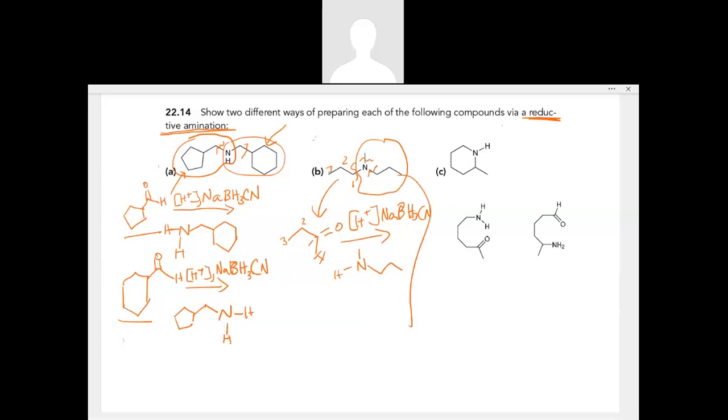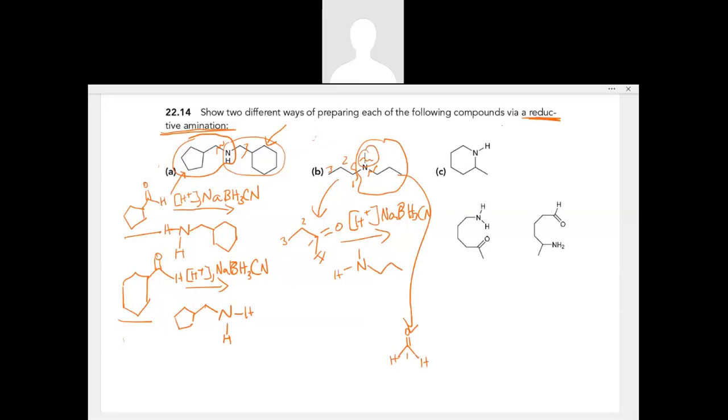All right, our second route would be utilizing formaldehyde for that methyl group on top. This one-membered carbon corresponds with that one carbon on the top of our final amine.